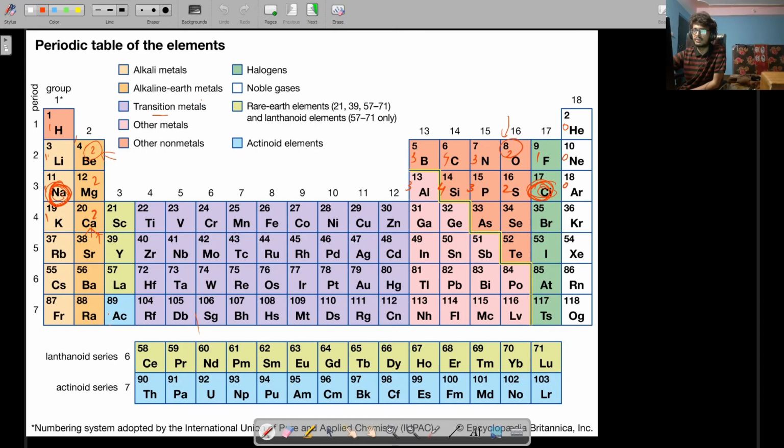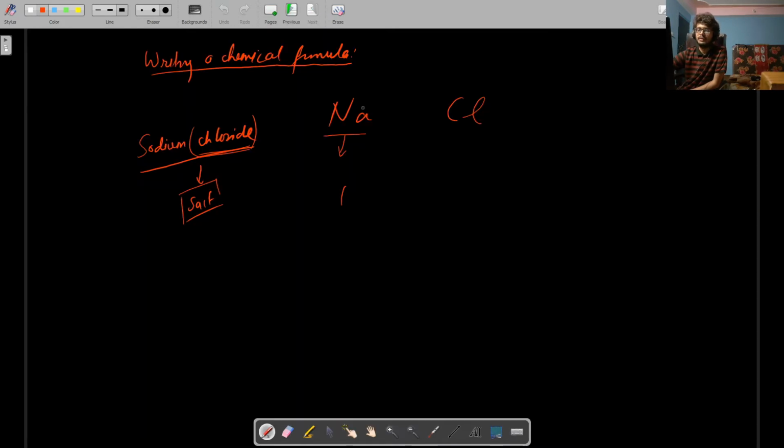What is the valency of chlorine? This is 7A, this is 6A, this is 5A, this is 4A, this is 3A. So the valency goes 3, 2, 1. So the valency of chlorine is also 1.